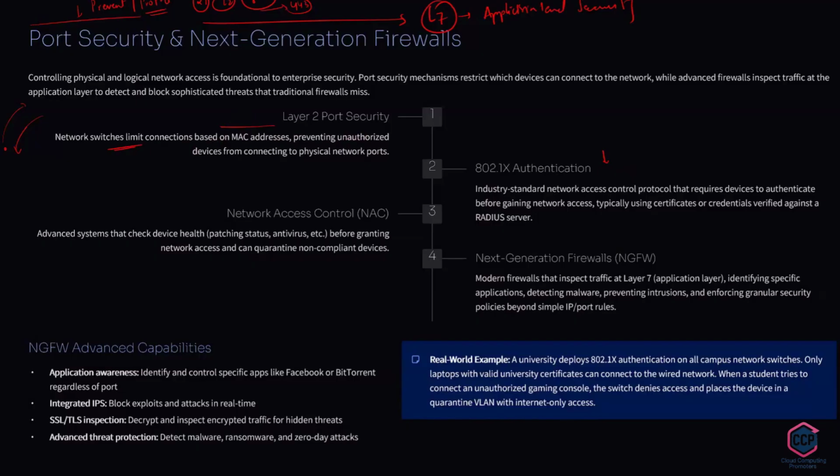802.1X authentication and network access control, where, based on our patching, we can take an example: VLANs are also network access control, where based on the VLAN segregation we give access within the network. Okay.